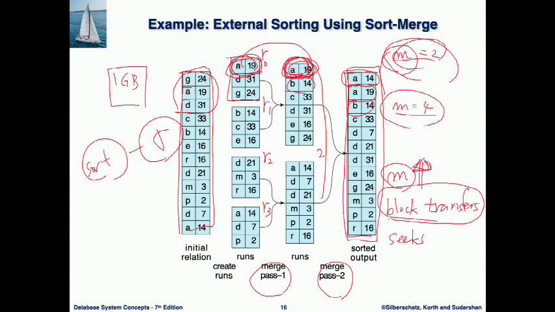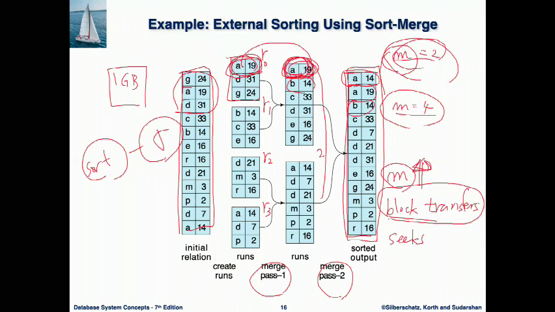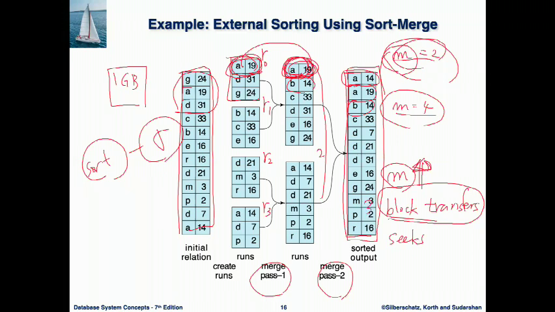In total, each block will be read twice and will be written once. So there will be 3 block transfers per block. So if you have 1 million blocks, as we will see later, one notation that we use is P sub R, where R is the relation and P is the number of blocks.